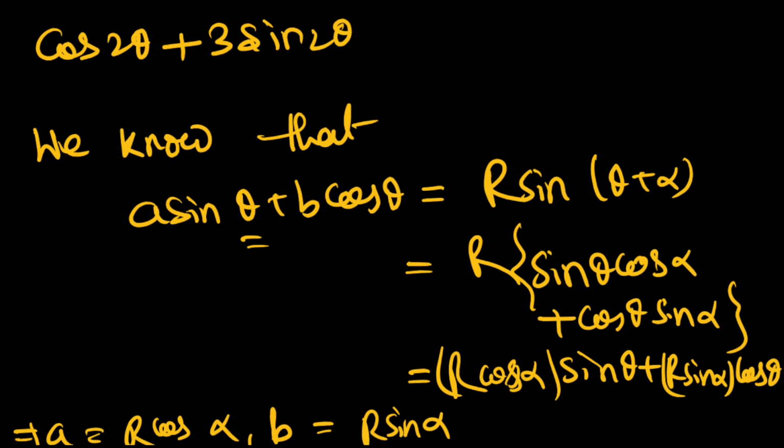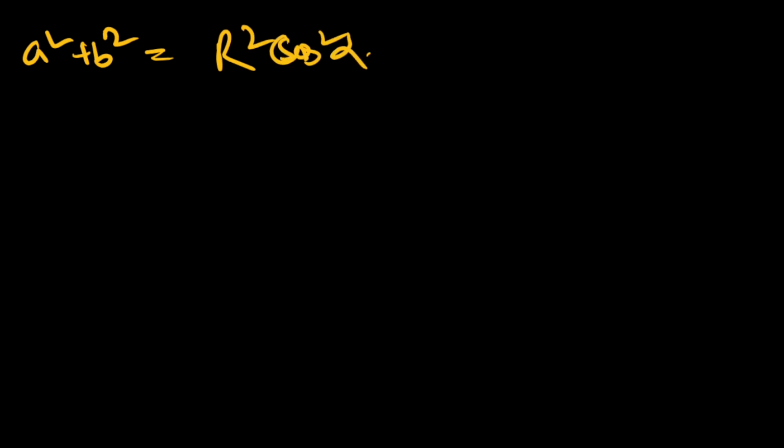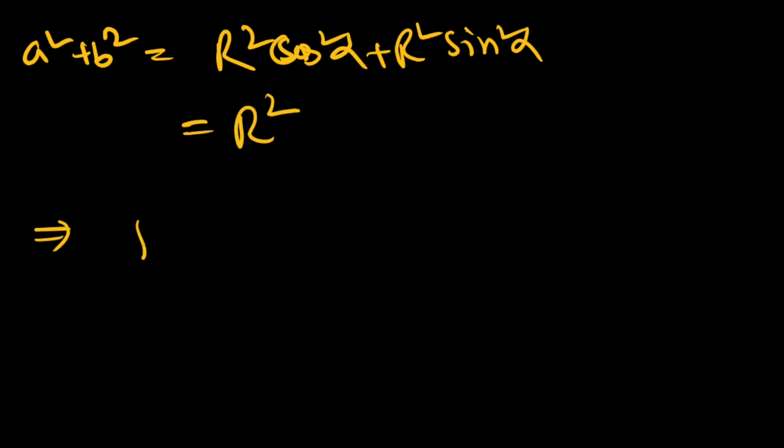Then we square it, a square plus b square, and we get r square cos square alpha plus r square sin square alpha, that is actually r square. So this implies r is equal to plus minus root under a square plus b square.